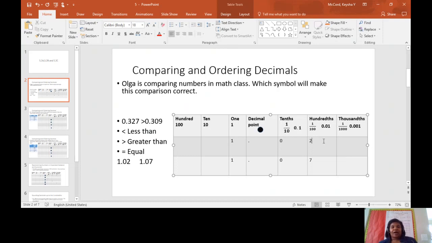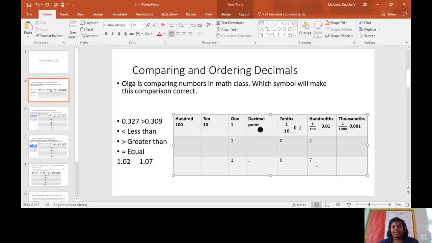Okay. I'm going to do the same thing again. I'm going to start with my biggest place value, which is ones. 1 and 1 are equal. So I have to move to my next place value, which is the tenths. 0 and 0 are equal. So I need to move to the next place value, which is the hundredths. Okay.